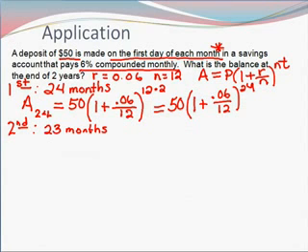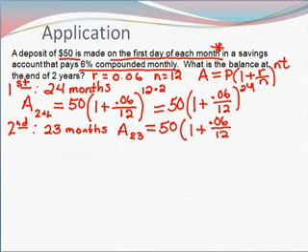So your new equation for the second deposit is A23 equals 50 times (1 plus 0.06 over 12), and now we're at 23 months, so your power is 23.